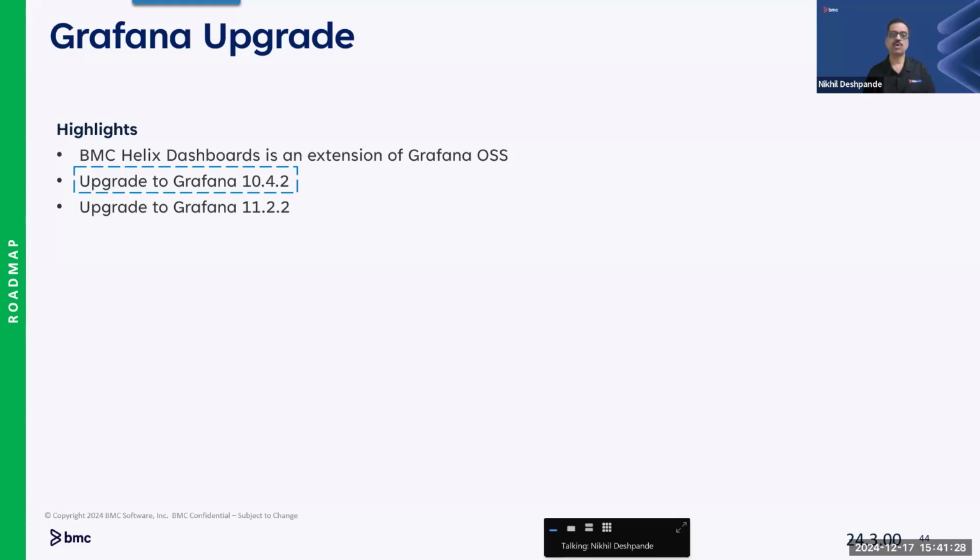Currently, we are on version 10.4.2, which we did in the 24.3 release. We will upgrade to Grafana 11.2 soon. So with this upgrade, you'll be able to take advantage of all the new features that Grafana brings to dashboards.